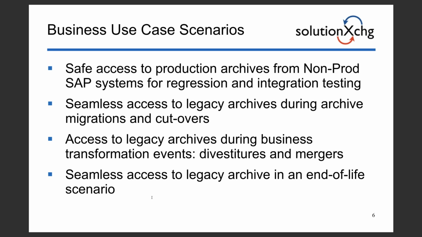Also, another business case scenario the ACC supports is access to legacy archive during business transformation events, for example, divestitures and mergers. These two scenarios include that you want to sunset a legacy archive or preserve some documents for a period of time, maybe by allowing transparent access to a legacy archive while starting a new archive for that new entity you're looking at, or seamless access to legacy archives in an end-of-life scenario where you just sunset an older system.